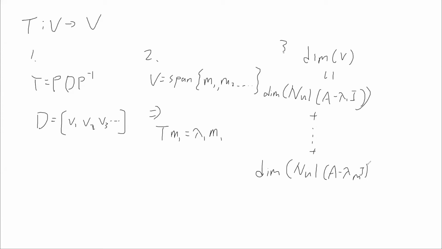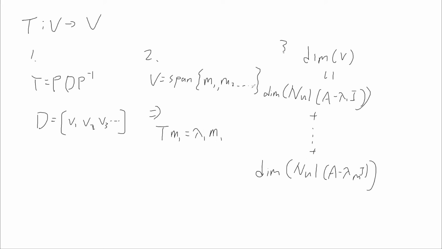Basically, these eigenvectors, however many of them, are going to be the dimension of V. From here, we are just breaking it down by looking at each lambda and seeing how many eigenvectors we have corresponding to each lambda. And when we add everything together, that should have the same number of vectors as our basis for V.